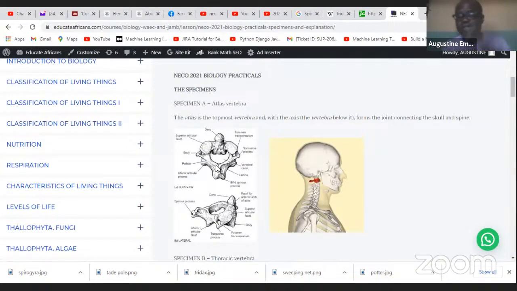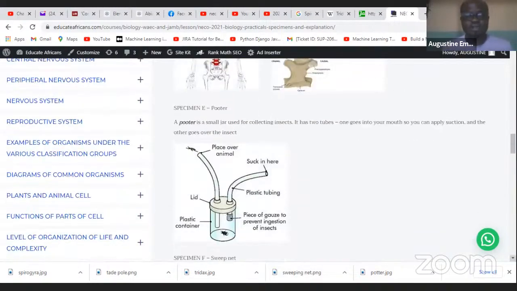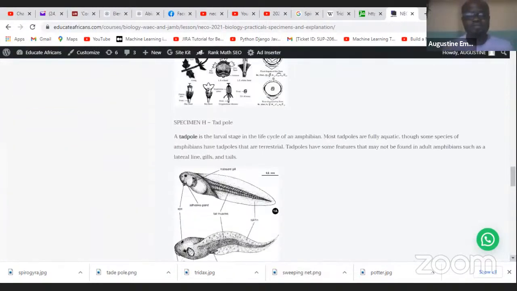So you try to make rough sketches of this on a piece of paper and try labeling, because with the actual specimen, getting the diagram might be a little bit difficult for you. So you need to study the diagram beforehand, and take note of how you can label. So that is very, very important. So let's keep going forward.